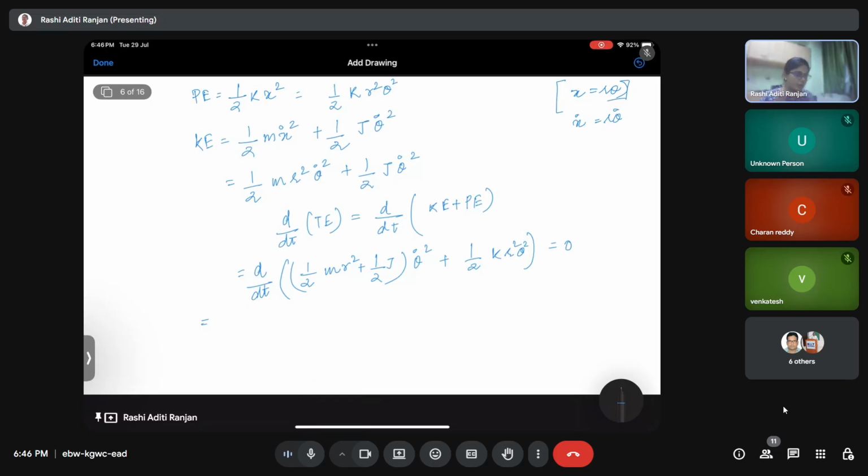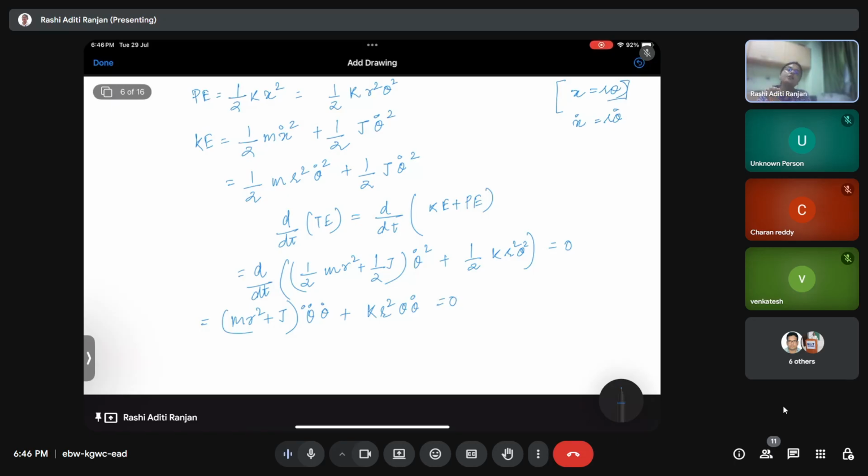Theta dot square will get differentiated and 2 will get cancelled. So we'll have m r square plus J into theta double dot into theta dot plus k r square theta dot equals 0.